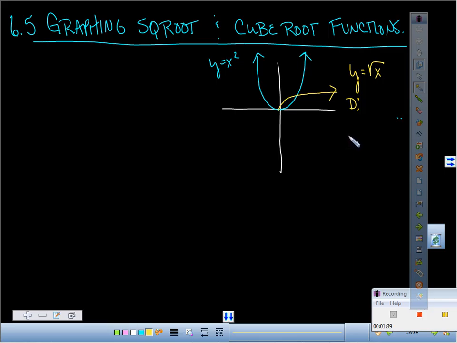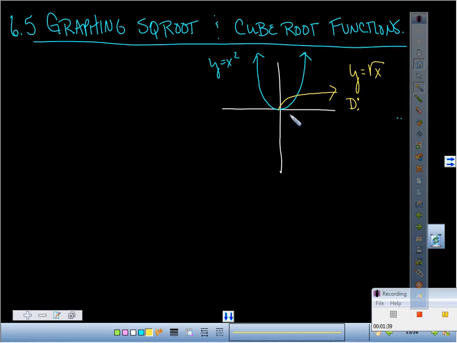A radical. Not just a radical, but an x under the radical. An x under the radical will create a restriction because what kind of numbers can you not have under the radical? Negative. Because those would be imaginary, and they're not showing up on this coordinate plane.